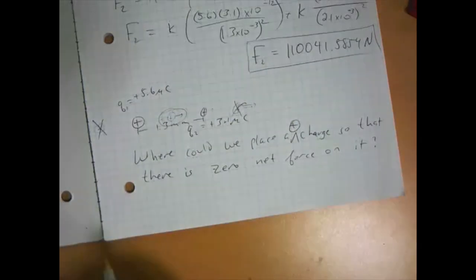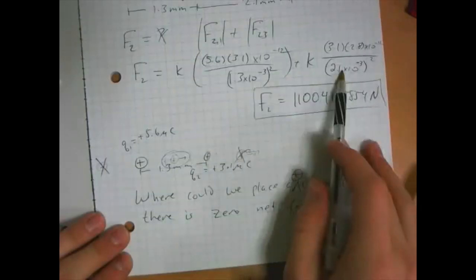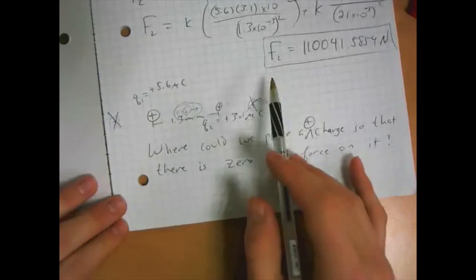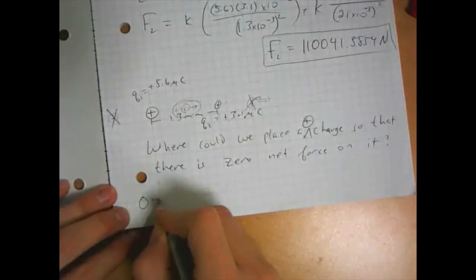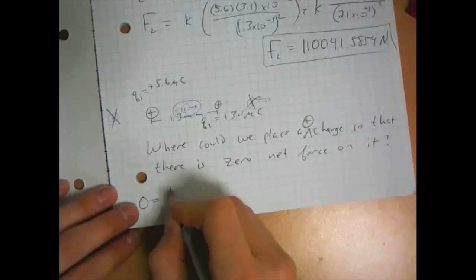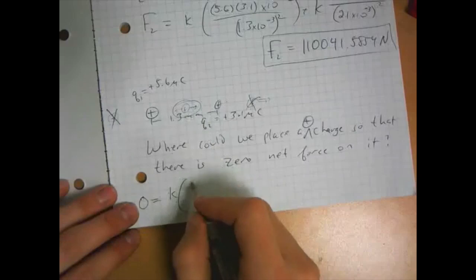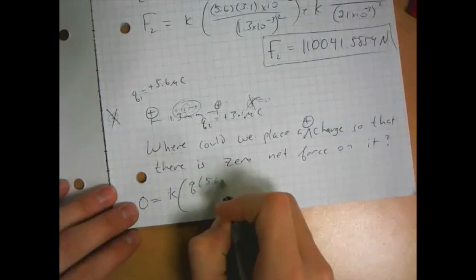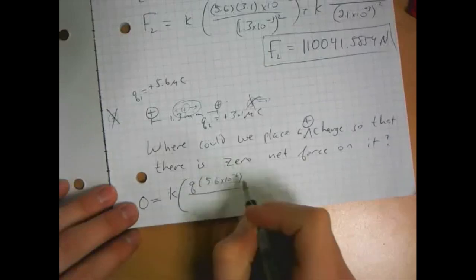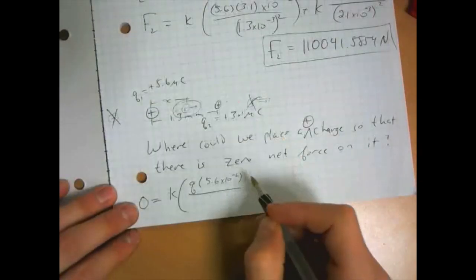And so we can set up an equation very similar to what I did right here, except we want our net force to be 0, and that's equal to K times, well, we don't know what this charge is, but we can just call it Q, times 5.6 microcoulombs over, we don't know what distance this is, call it X, over X squared.